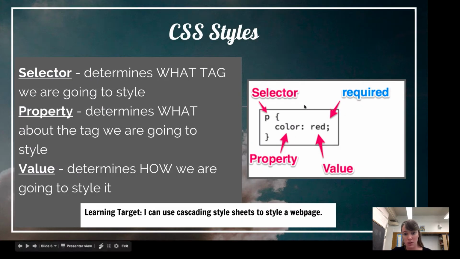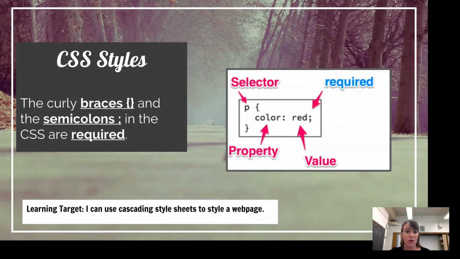Okay, a quick note of what I just said. The selector determines which tag we're going to style. The property determines what about the tag we are going to style. And the value tells how we're going to style it. Note that there are curly braces here, and the use of semicolon is required. There's a colon here to separate the property from the value, and a semicolon after the value.